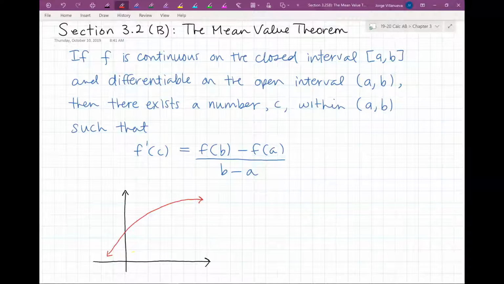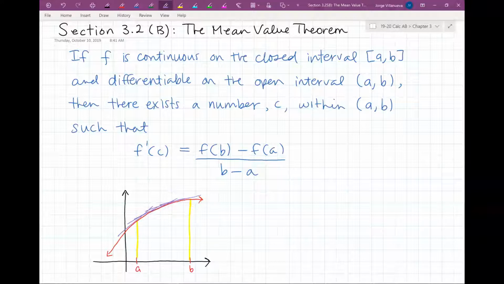Here's my A, and here's my B. If I just look from A to B, and I figure out all of my tangent line slopes, there's one slope, here's another, and there's an infinite number of slopes there.